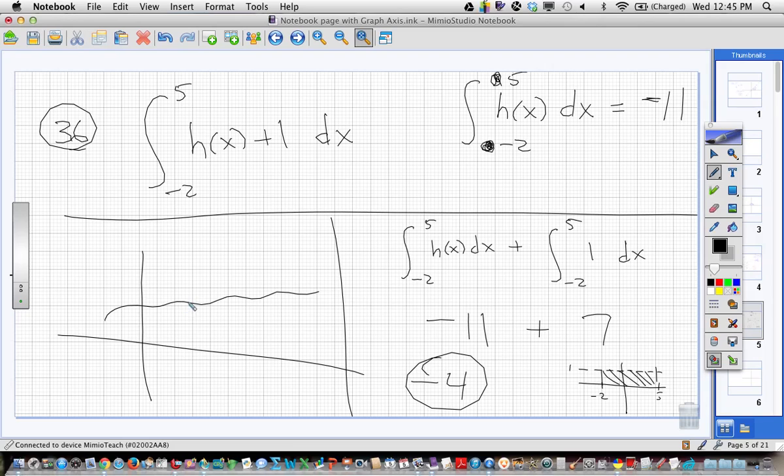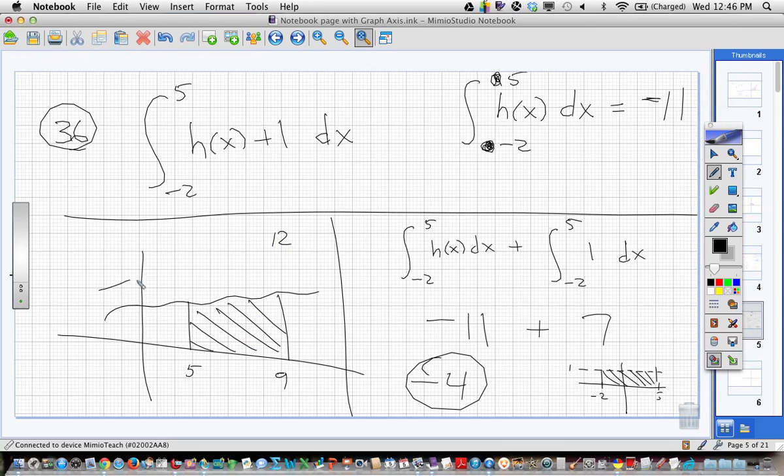So I want to do this as a positive area just to help you get this. So in general, I know this isn't going to be the same numbers, but let's just say I had a problem that went from 5 to 9, and I had this piece of area, and I told you that that piece of area right there was 12. Okay, that black piece of area is 12.